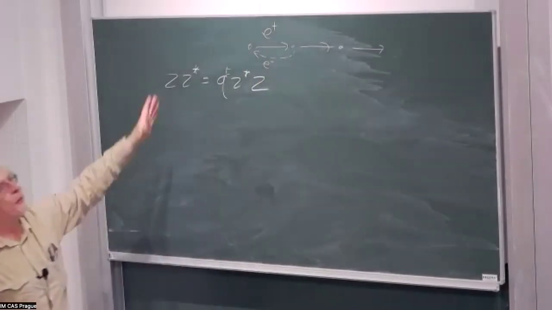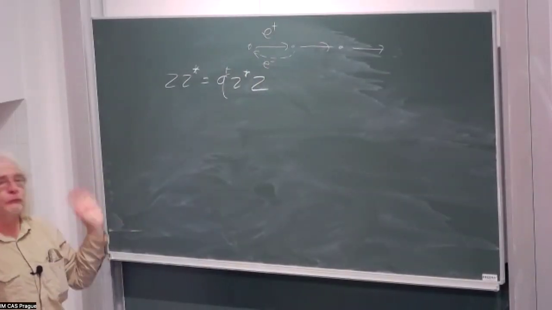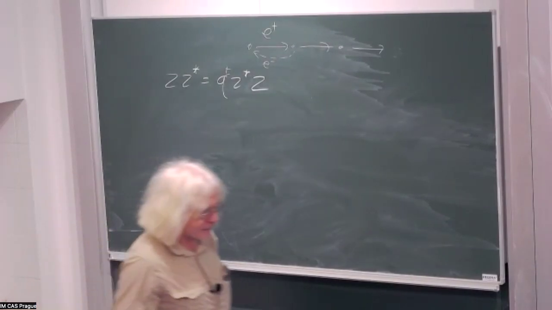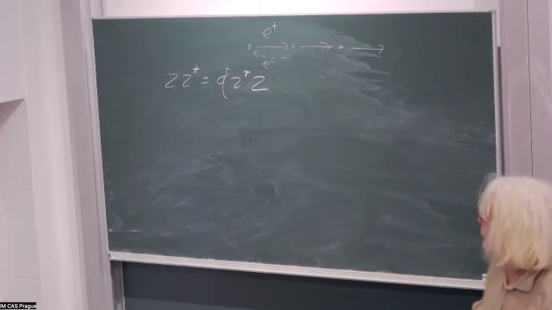So you have to add both of these two calculi, which are themselves perfectly good calculi, but you have to add them together in order to get a star structure.